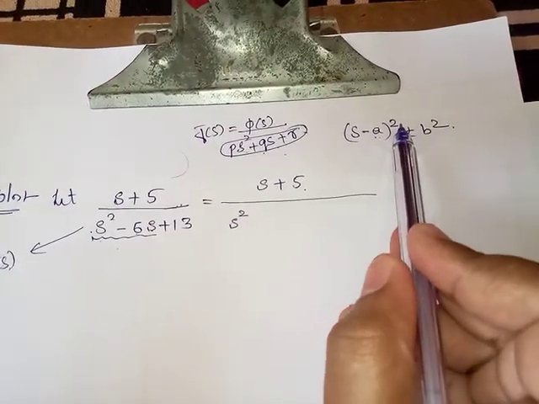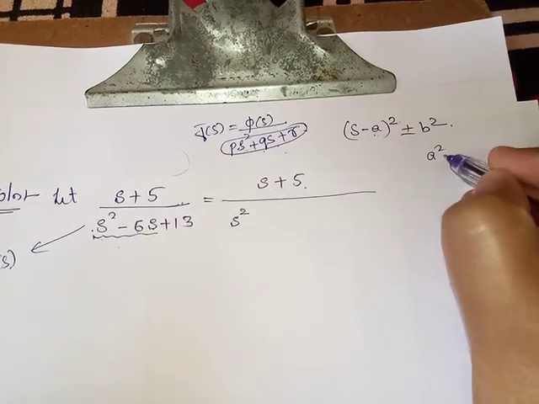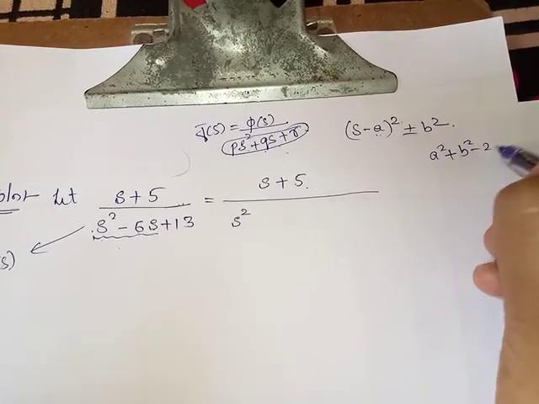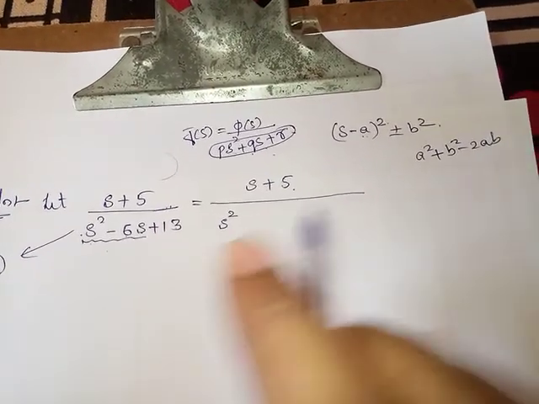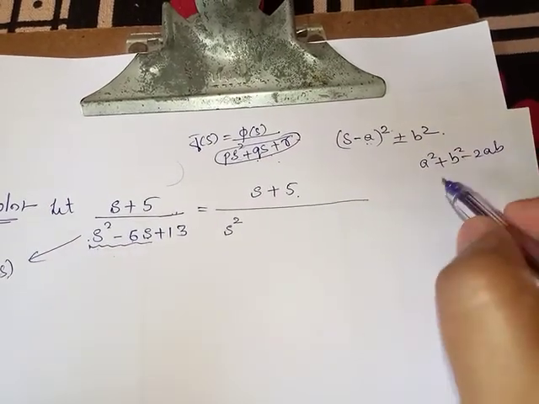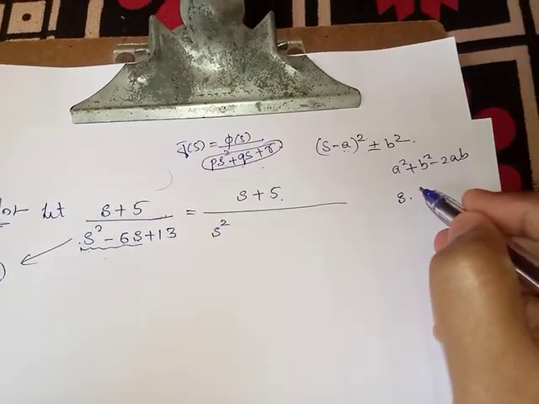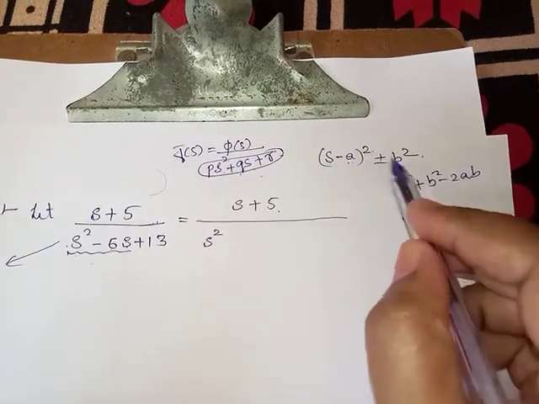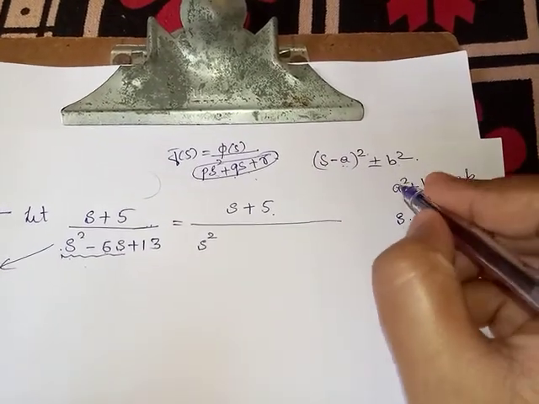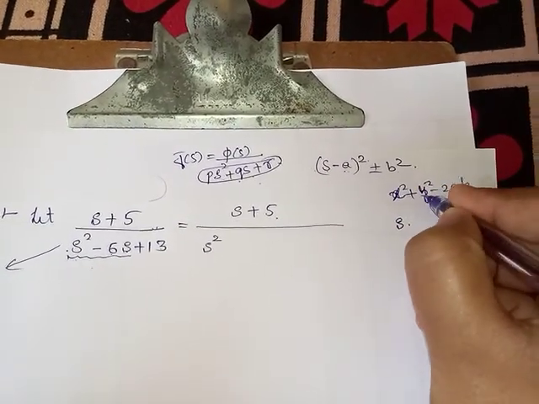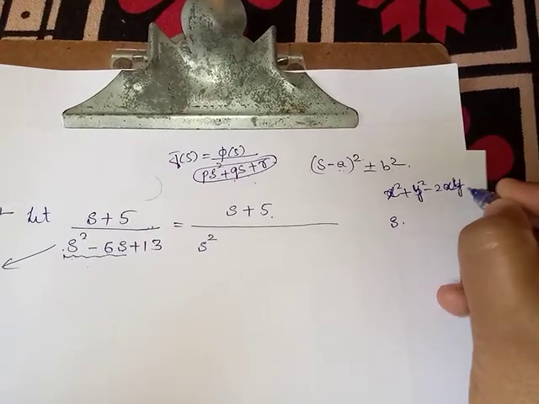S minus a whole square means a square plus b square minus 2ab. In our formula already x is there, so I will take here x and y. This is x and this is y.